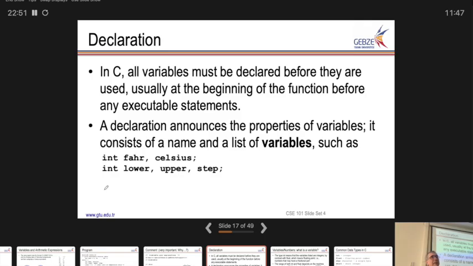Declaration is an interesting topic. I declare it and then the compiler reserves a memory for it. So it allocates memory. Integer, Fahrenheit, Celsius, integer, lower, upper, step. When the compiler sees it, it automatically allocates certain pieces of memory in the program, not in the memory.